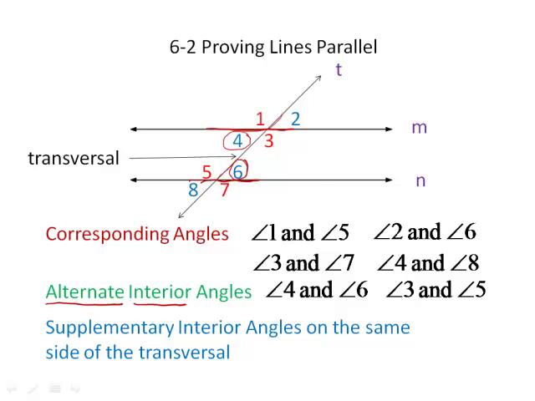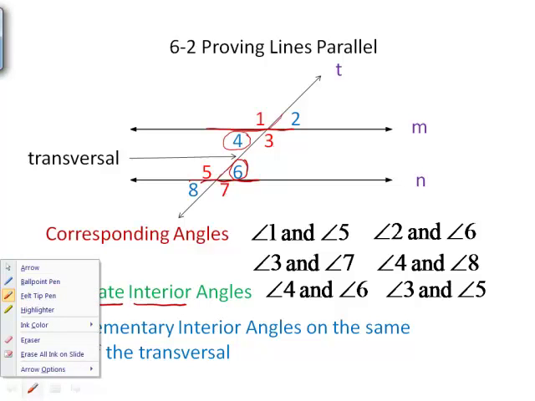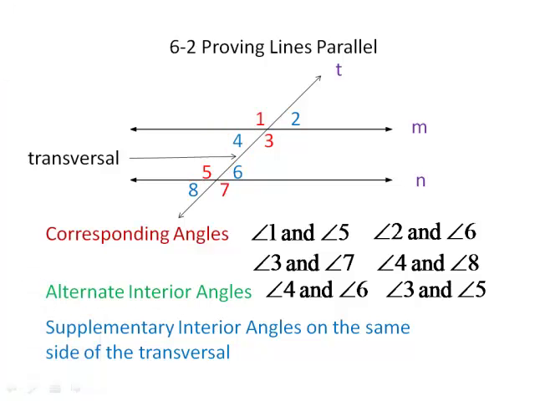Supplementary interior angles on the same side of the transversal. Okay, so if you picked up on what we said about interior angles before, interior means inside the parallel lines. 3 and 6 are inside the parallel lines, and they're on the same side of the transversal.